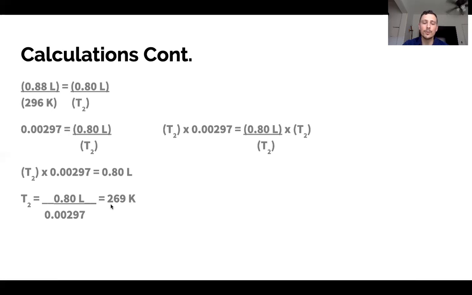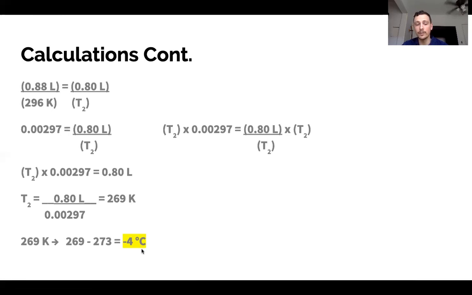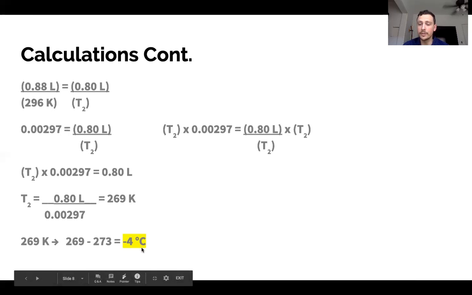So if we wanted to do one extra step and convert this from 269 Kelvin to Celsius, we would just do 269 minus 273, and that would give us -4 degrees Celsius, which would be the temperature of our freezer. That makes sense, right? It's below 0 Celsius, which is the temperature that water freezes at. This is a logical answer for us to come to given the circumstances that we're working with.